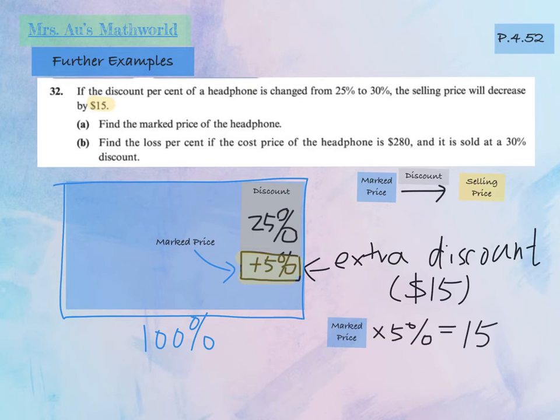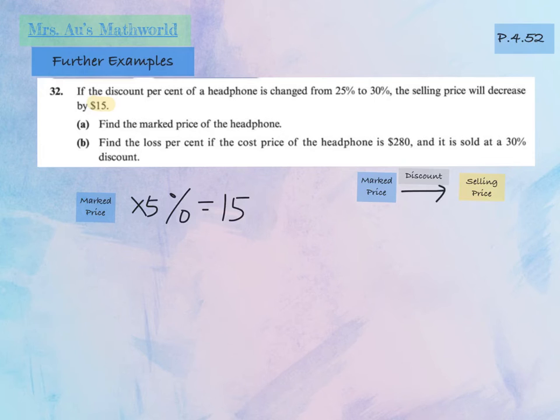Sometimes this formula table may not be useful because sometimes we need to use the original concept of percent to help us. Because the proportion here is 5% inside the total market price, then this 5% means $15, and we set up the equation this way.